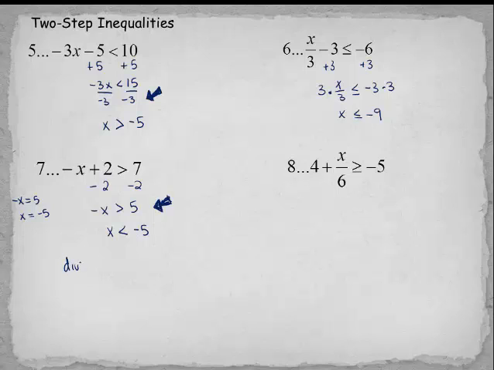Essentially, we divide by negative 1. Here I have 4 plus x divided by 6, so I'll subtract 4 from both sides, and I have x divided by 6 is greater than or equal to negative 9. Multiply both sides by 6. I am multiplying by a positive, so my inequality does not flip.